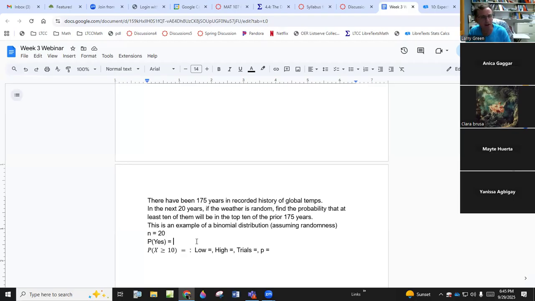This isn't that hard. How many ways are there of being in the top 10? There's 10 ways. Does that make sense? Divided by 175 years. So each year has a 10 in 175 chance of being in the top 10. Any questions on that?